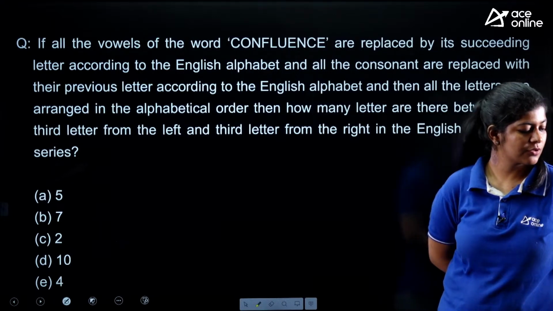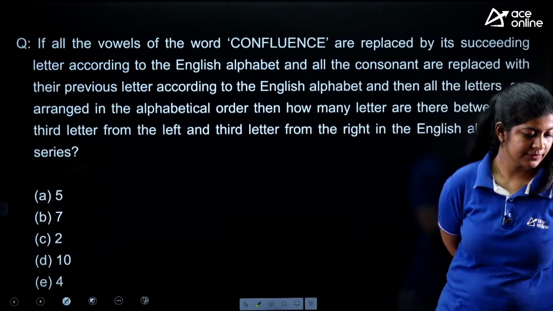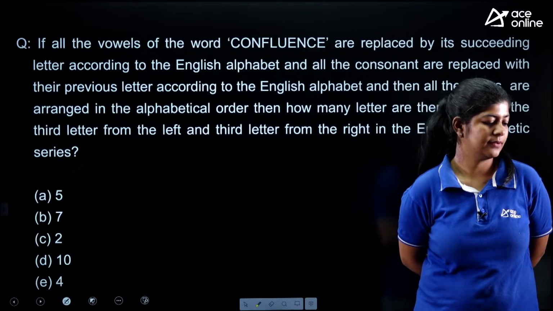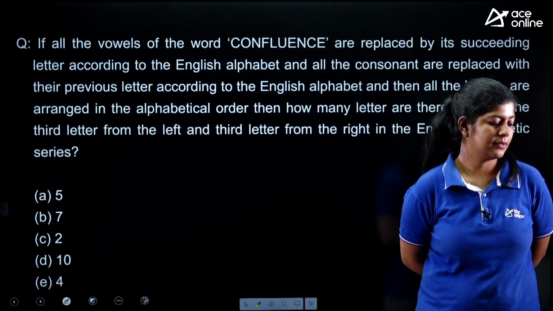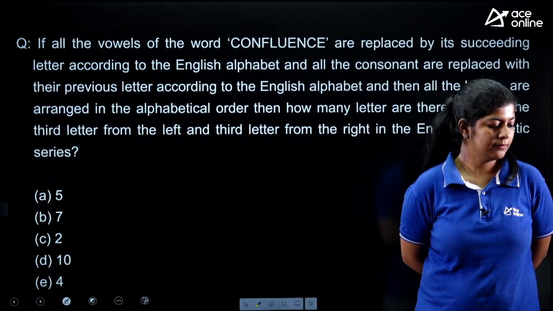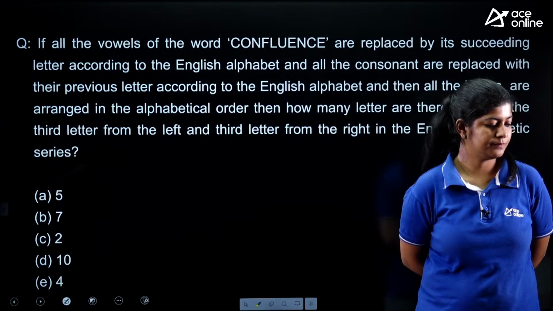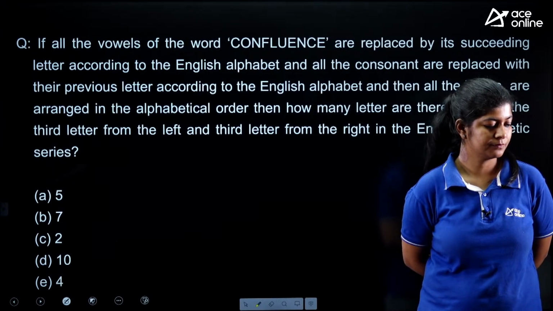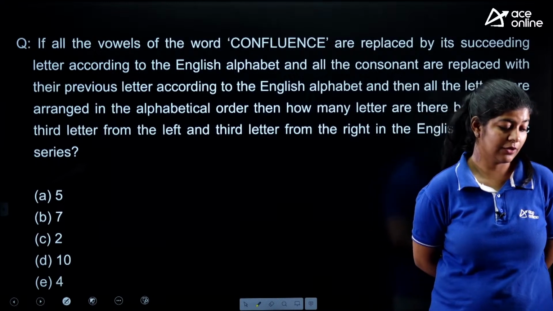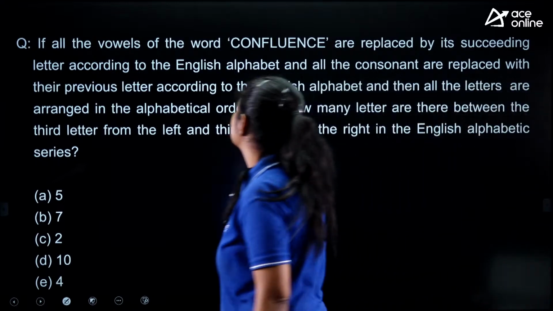I don't think this question will take that much time. Very good, Sundaram. You got the correct answer.